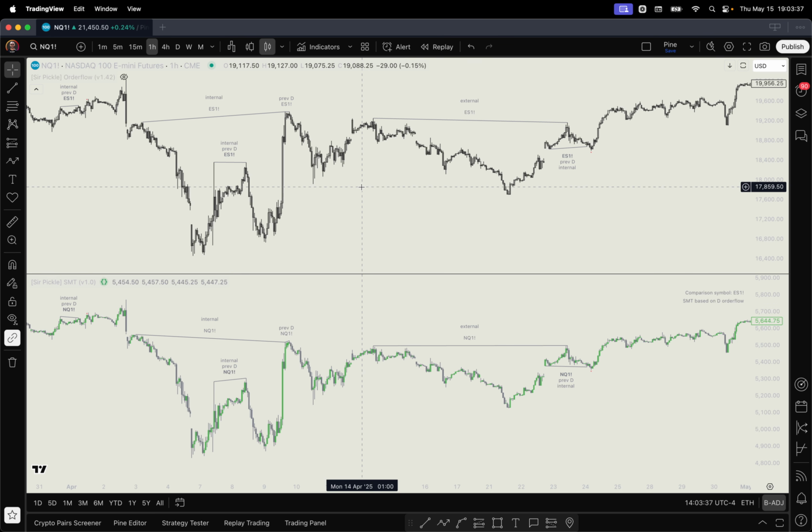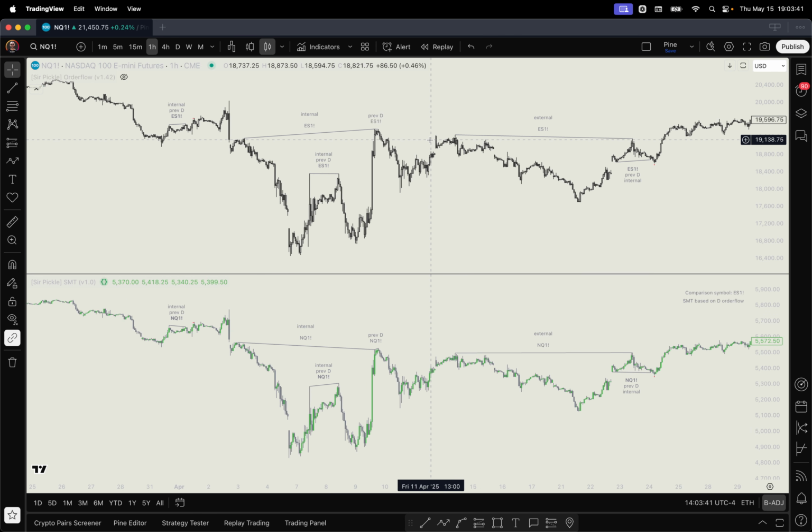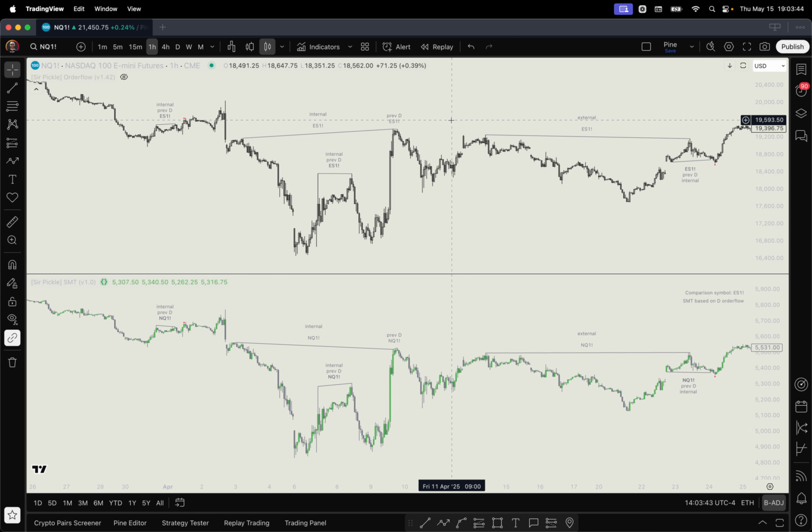So SMT, for those who don't know what it is, it basically means that there is a divergence between two correlated assets or two correlated symbols, two correlated charts. So we have here at the top NQ or NASDAQ. At the bottom, we have ES1, which is S&P 500. And these two charts are correlated.